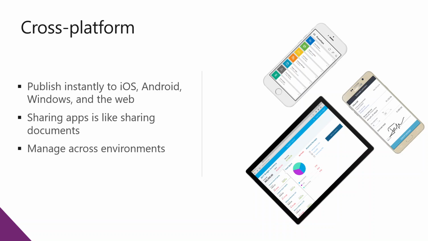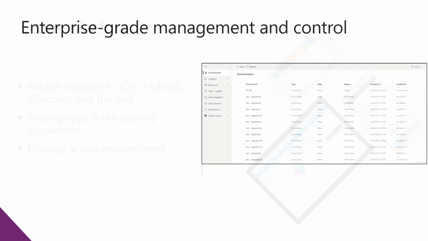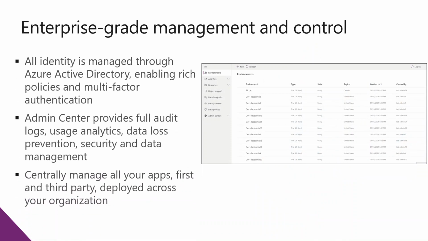Publish instantly to iOS, Android, Windows, and the web. For iOS and Android devices, there's a Power Apps player. You sign in with your Microsoft account, and then there are all the apps that you've got access to. It's really cool. And of course, you've got administration centers, data loss prevention, all of that stuff that IT admins are used to.